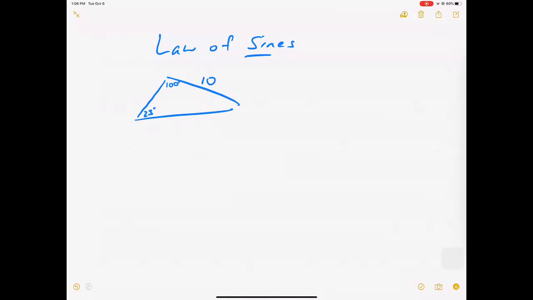With this rule, I can solve this triangle. Now, let's label this capital A, B, C. So I am given little a, I am missing little b, I am missing little c, and I am missing big C. I don't know what that angle C would be.